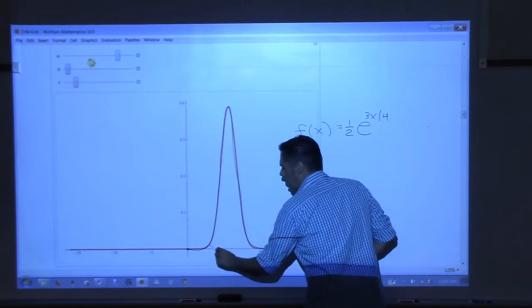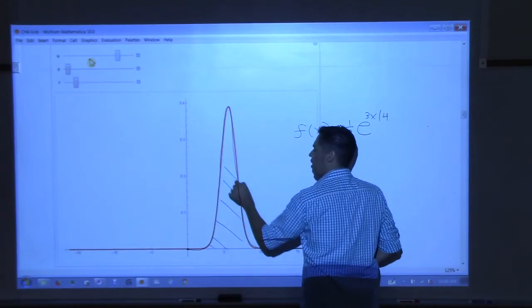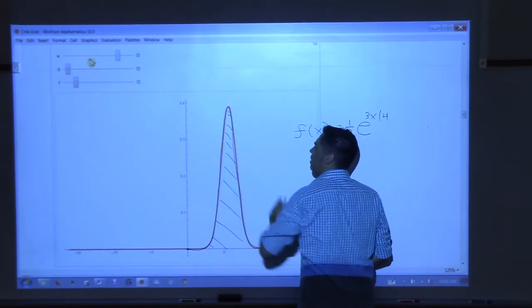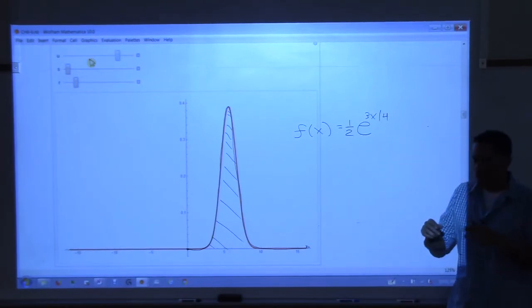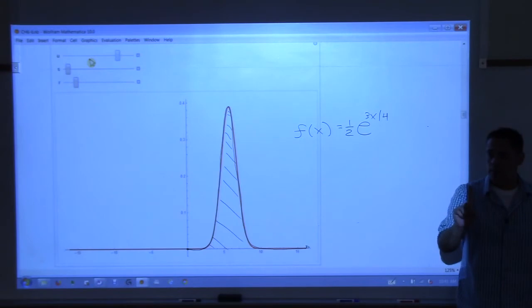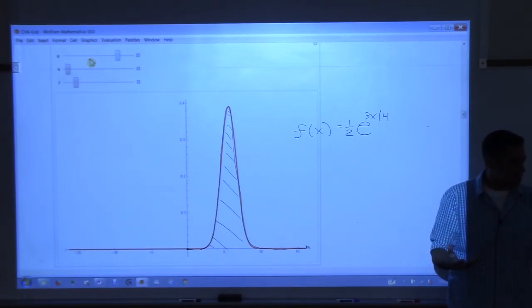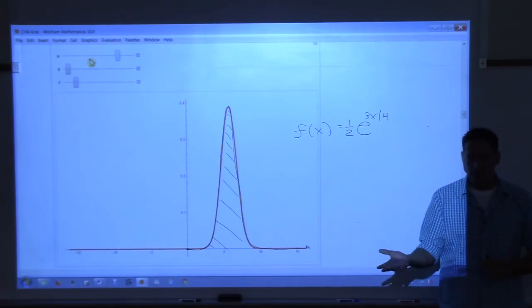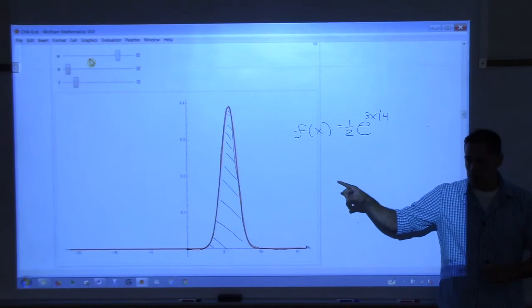So the total area underneath this, and this is the big kicker of it all, the total area under that curve has to be 1 because it is the sum of all of the probabilities. Think about it this way. If you had a 6-sided die and I rolled it, there are 6 outcomes, right?